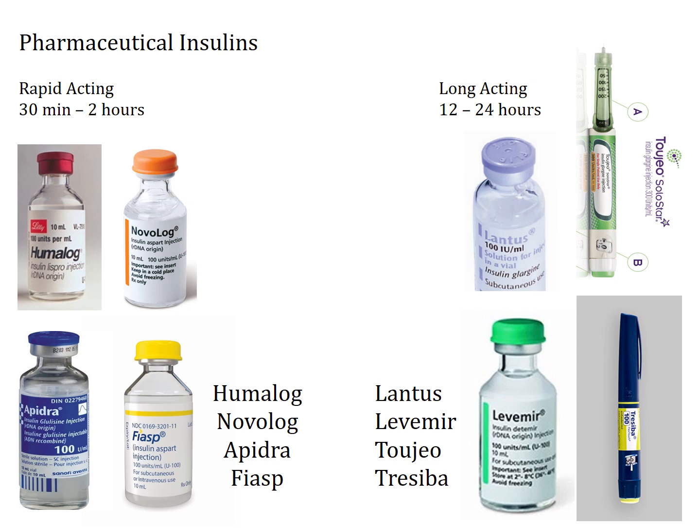You inject it, they start to show effect within 30 minutes, and they have a duration of effect of about 2 hours. These are the type of insulins that a type 1 diabetic is going to inject before eating a meal, or if they're found to suddenly be very hyperglycemic and you want to lower that blood sugar quickly, you've got to use a rapid-acting insulin.